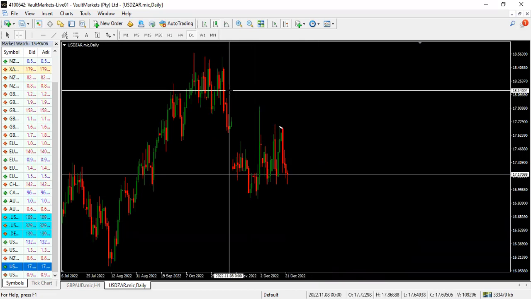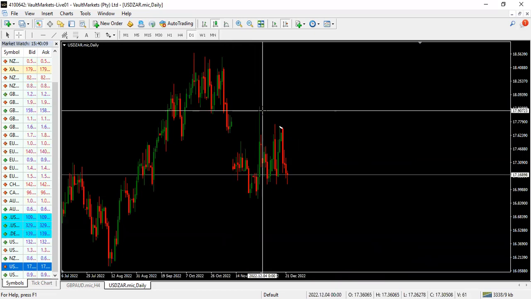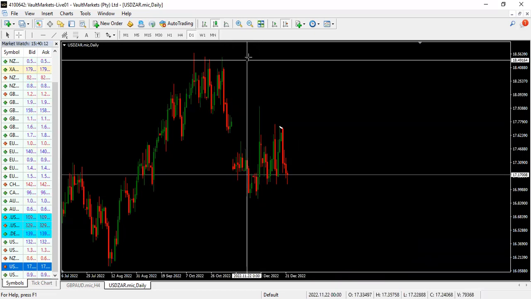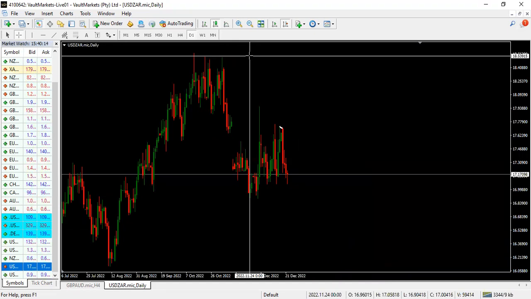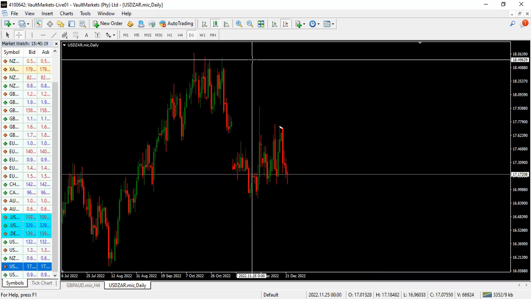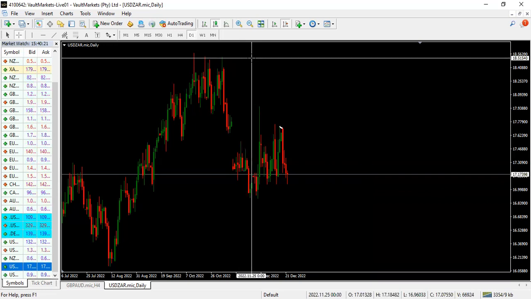If you check around October, our currency was at 18 rand. So our currency has no value, as you can see. It has dropped from 18 and is still at 17.